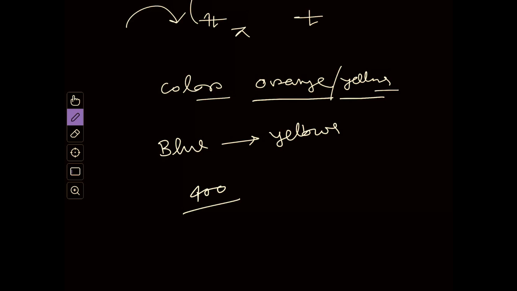But as you increase the conjugation within the molecule, the energy gap between a filled and an unfilled orbital decreases, and the energy which the molecule now absorbs falls in the higher wavelength region, and you will see dark colors. So if you have a more conjugated molecule, you will see dark colors.